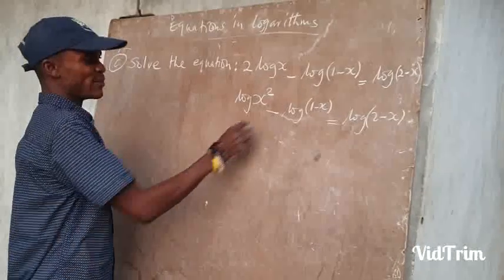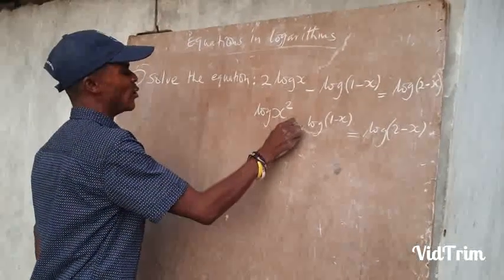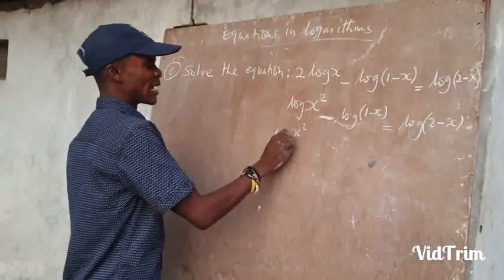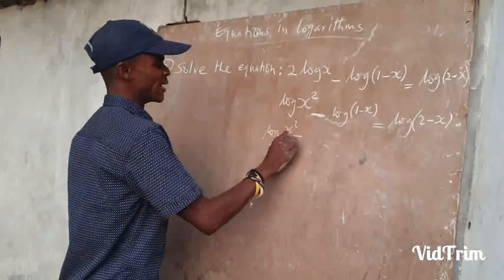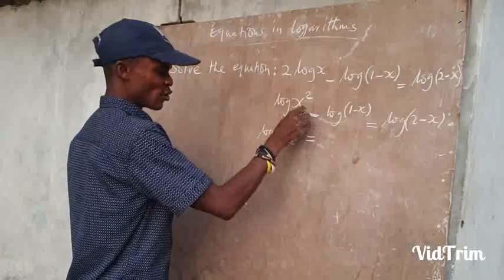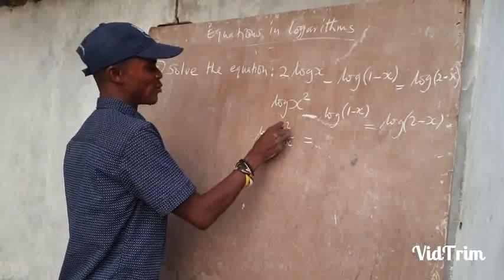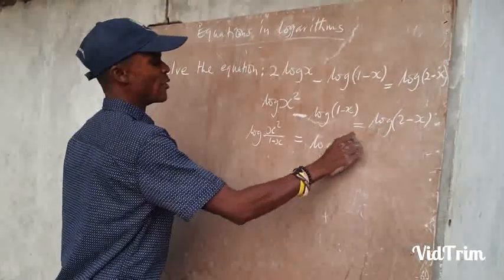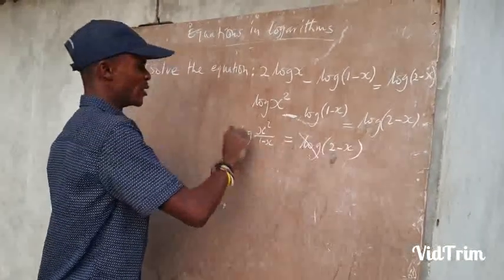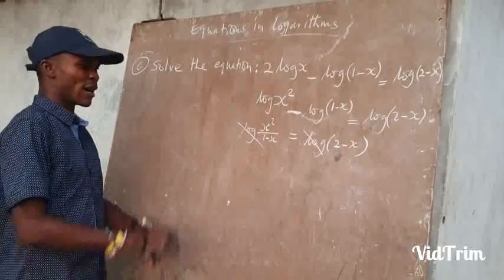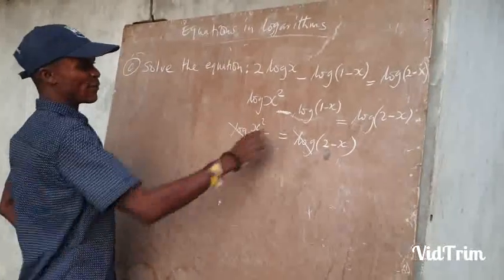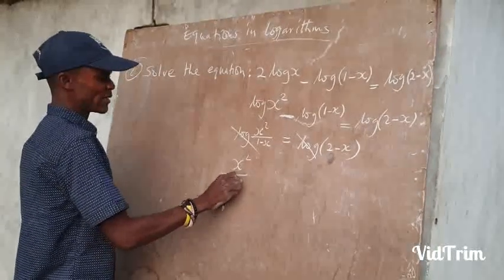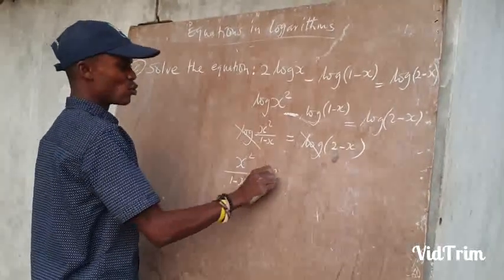Now if that is the case, because of the subtraction here, you divide the logs. We have log of x squared is there. That has to be divided by 1 minus x equals, subtraction means we divide the two values. That is what I have done. We have log of 2 minus x. Now the log will cancel the log here. The log cancels entirely.